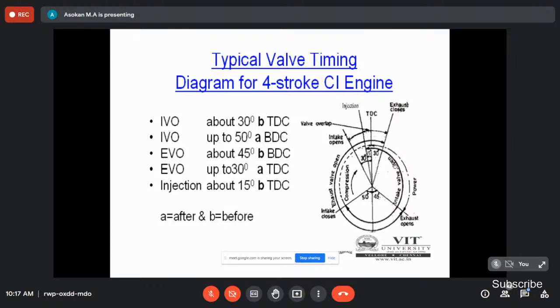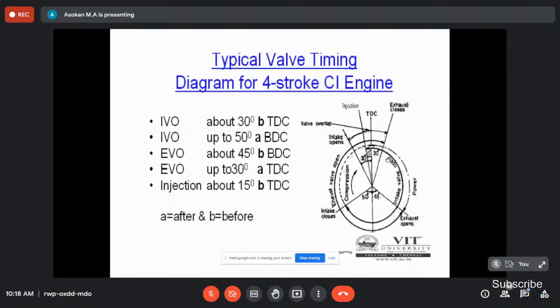So this is already suction and compression. At the end of the compression, the injector injects the diesel. So the injection starts 15 degrees before TDC, then the injection stops after TDC, around 10 degrees maybe. We keep on supplying fuel to this engine, keep on injecting into the cylinder.